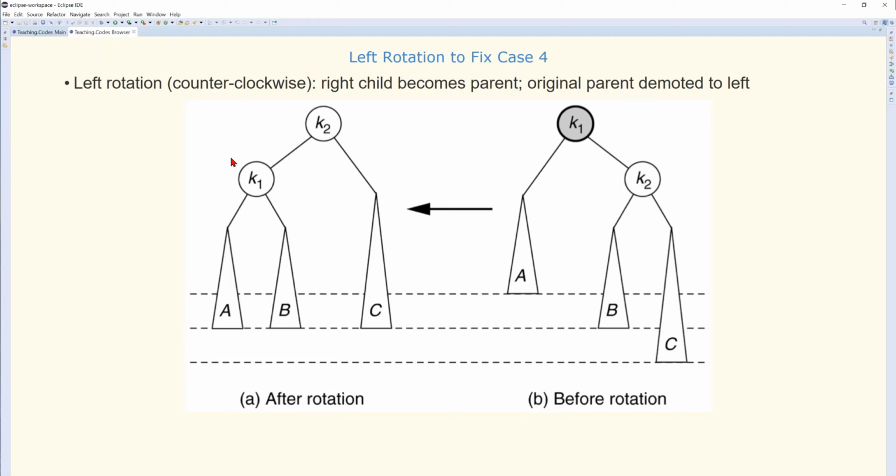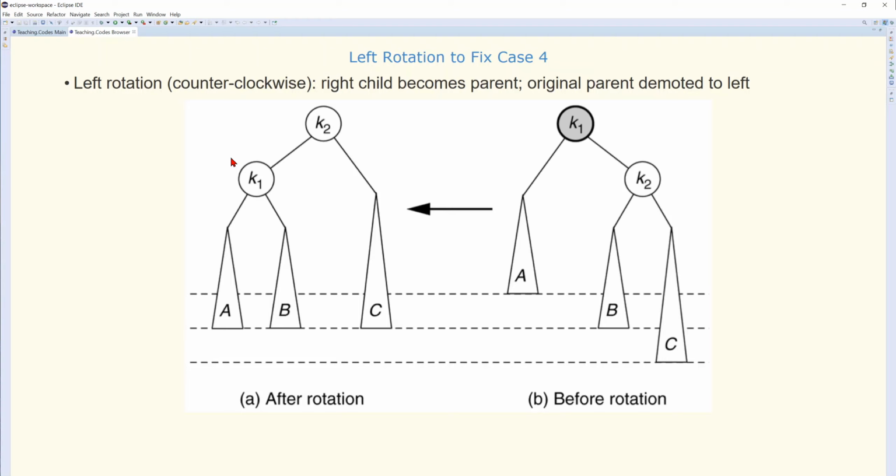And that's what we have here. 70, 80, 90 have gone up. 50 and 40 have gone one level down, and 60 has been adopted, as you can see. And this is the code for the left rotation. It's again similar, just the links are changing, that's all.